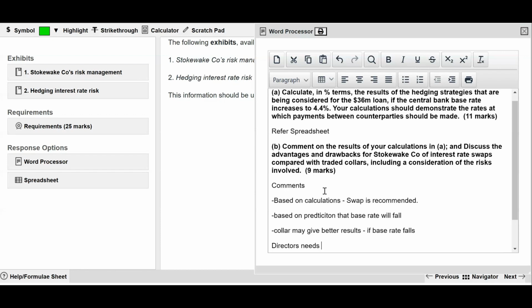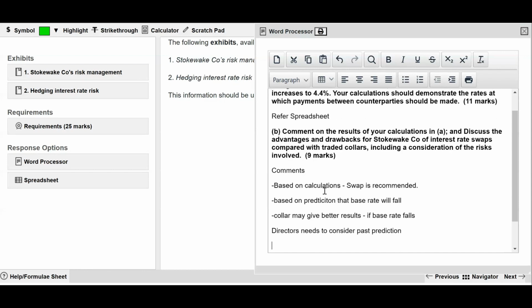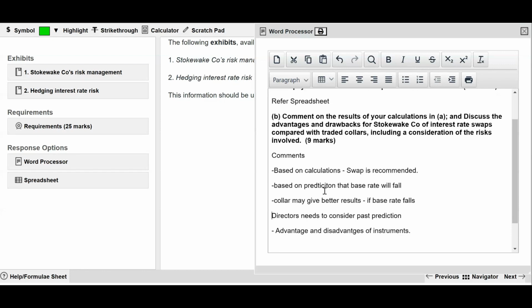Directors need to consider the past prediction, what accuracy it had, and finally they would also consider, not just that the swap is cheaper, but the advantages and disadvantages of those instruments, before deciding which one to go for.